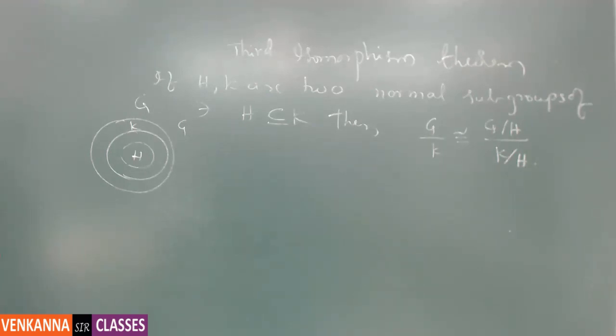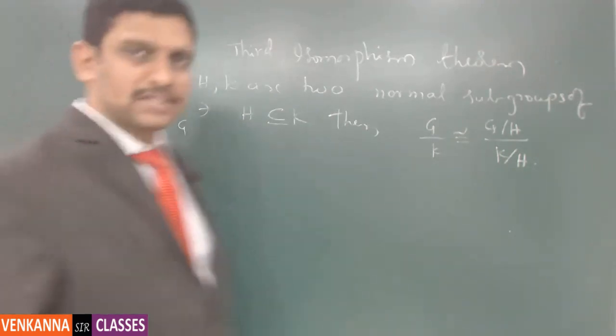All we are going to do is, whenever you have two groups, you are simply constructing an isomorphism between them. All we need to do is find a function which satisfies the criteria of the fundamental theorem of homomorphism. That is actually what we are doing here. So here also we follow the same strategy.